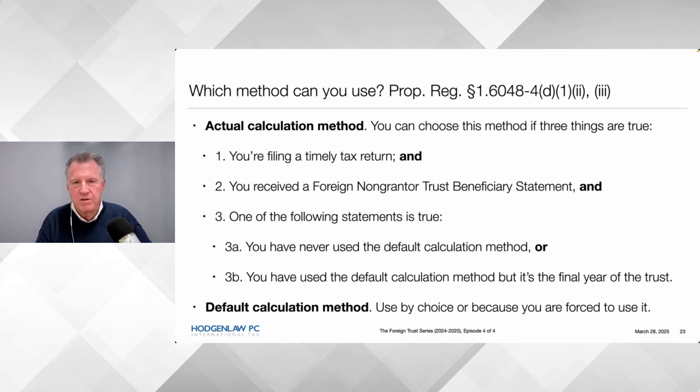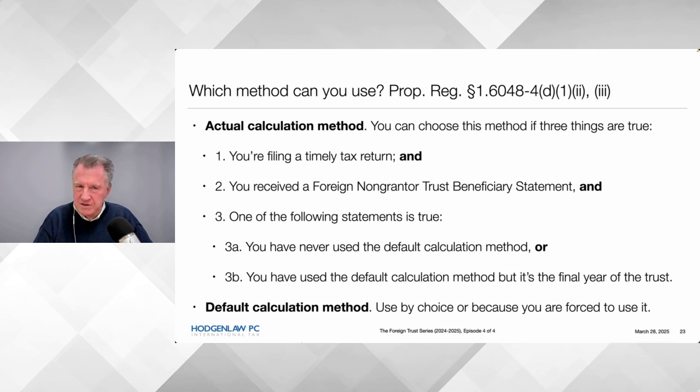And same thing with the methods for calculating the amount of distribution, accumulation distribution, which is once you're locked into the default calculation method, you're locked in for the rest of your life until you die or the trust terminates and makes its terminating distribution to you, in which case you can revert in that final year back to the actual calculation method.